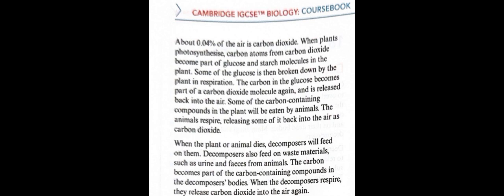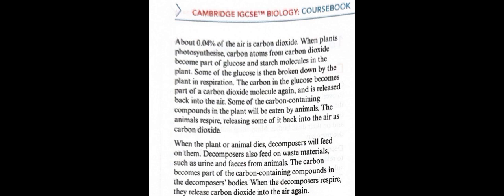When they're feeding on waste material, such as urine and feces that living organisms excrete, carbon dioxide will be released as a part of that waste. And when they are releasing carbon, the carbon-containing compounds in the decomposer bodies are released too.